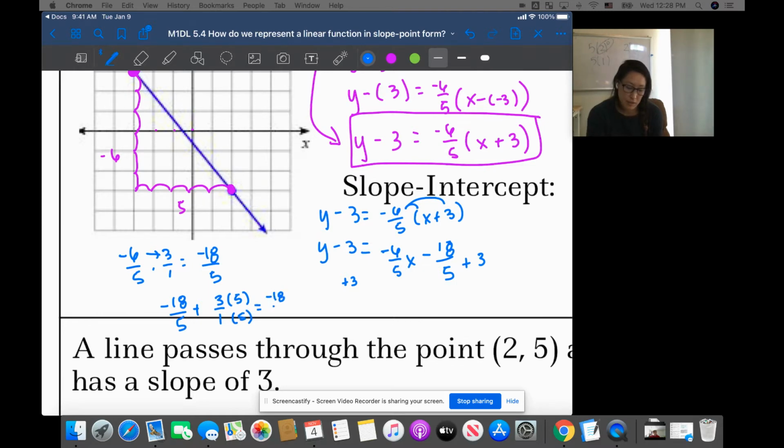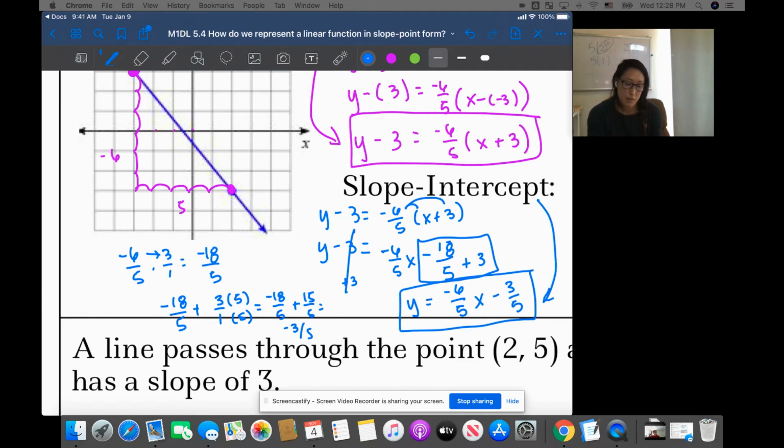I get negative 18 over 5 plus 15 over 5, which gives me negative 3 over 5. Okay, so I get y by itself is equal to negative 6 over 5x, and then negative 18 over 5 plus 3 was equal to negative 3 over 5.